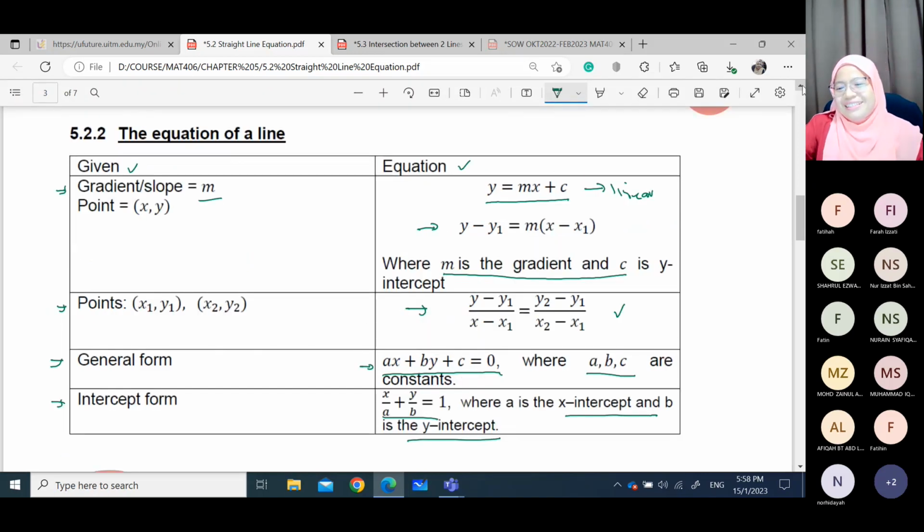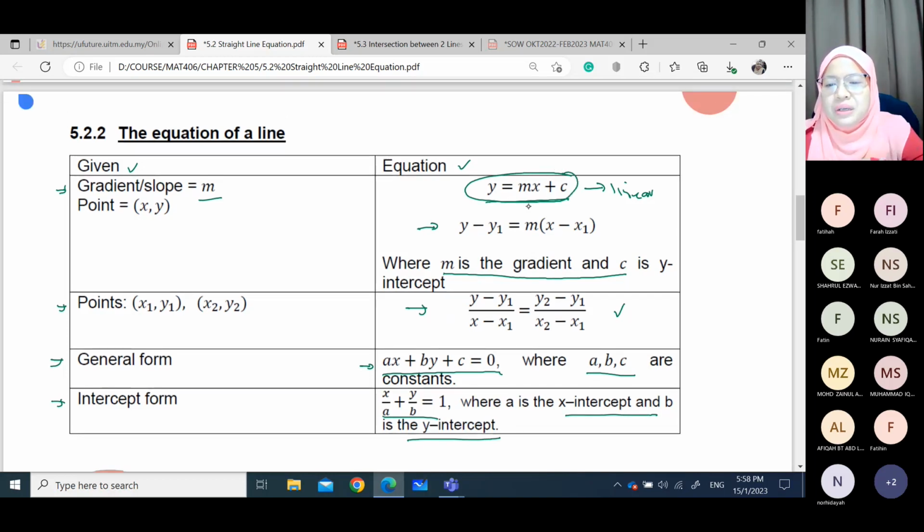Okay? Faham? Okay, so yang paling major dekat sini adalah equation yang ini. Okay, so y equal to mx plus c. Bila you jumpa equation yang ini, you dah tahu dah ini adalah linear equation. So apa m? So m adalah slope.